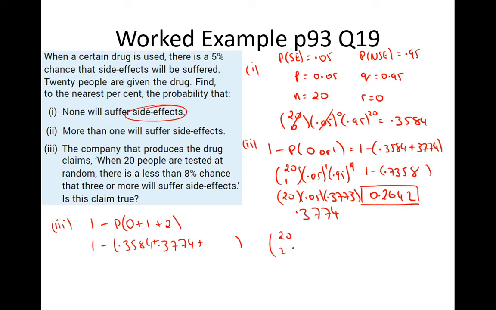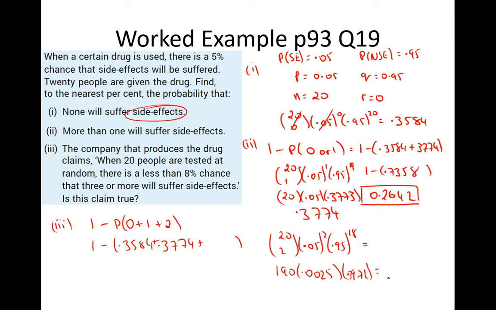So that's 20C2. Probability of success, in other words, probability of side effect raised to the power of 2, 0.95 raised to the power of 18, and that becomes, now 20C2 is 190, because it's 20 times 19 over 1 by 2, which is 190, times 0.05 squared, which is 1 over 400, which comes out as 0.0025, and then 0.95 raised to the power of 18, and that comes out as 0.3972.